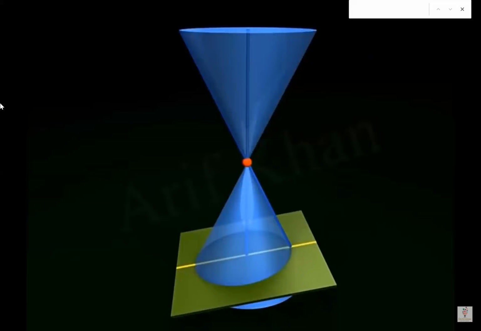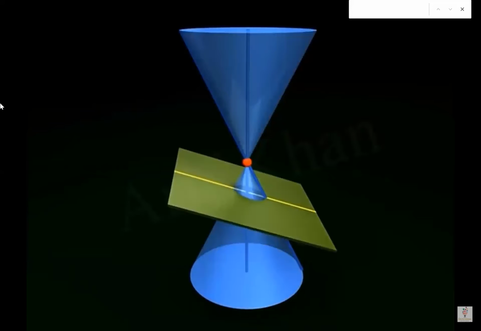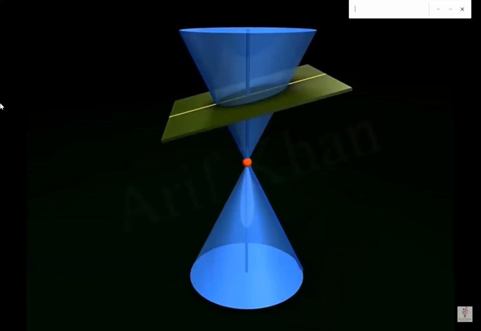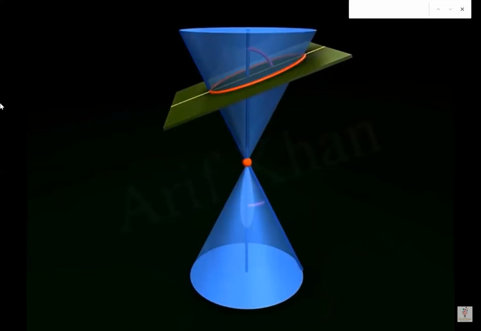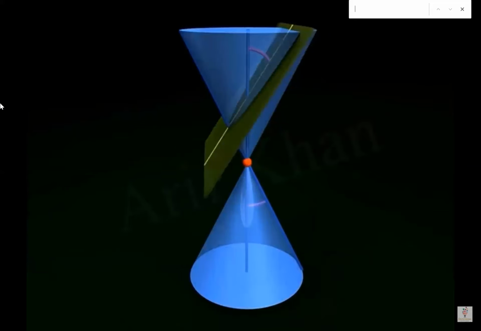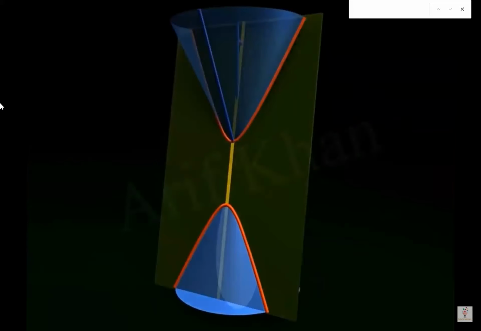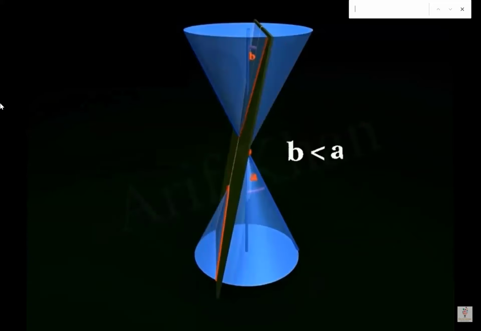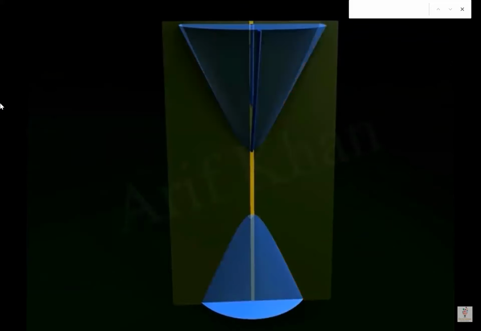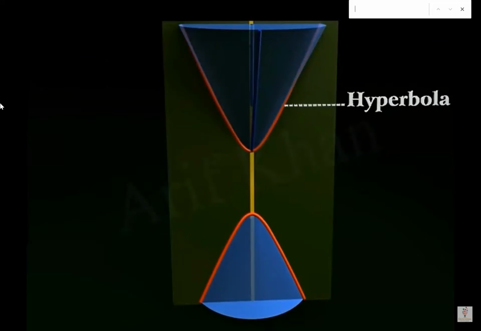The plane intersects only one half of the double right circular cone as long as the angle between the plane and the vertical axis is greater than or equal to the vertex angle. However, if the plane intersects the vertical axis at an angle smaller than the vertex angle, the plane intersects both the halves of the cone to form an open curve called a hyperbola, which has two disjoint curves. These are the degenerate conics.